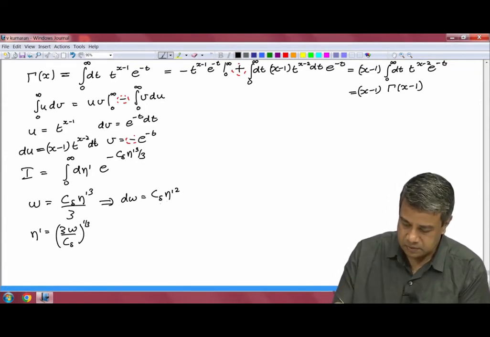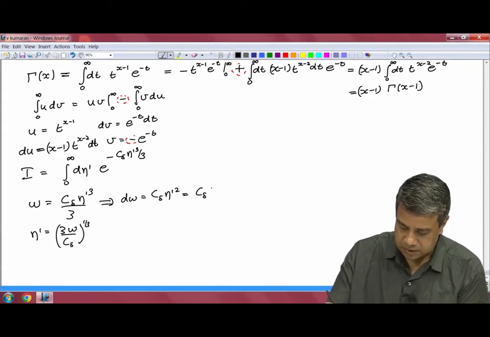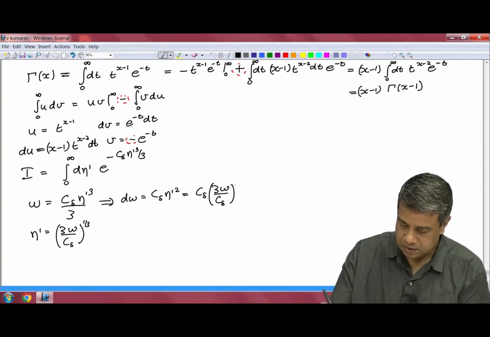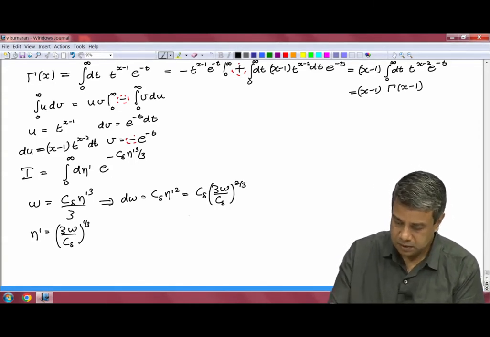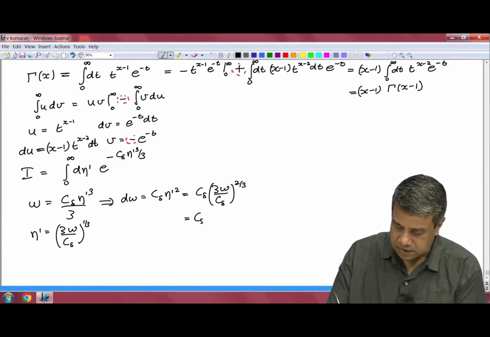So, c delta eta prime square will be equal to c delta into 3w by c delta whole power 2 by 3, which is equal to c delta power 1/3 into 3w power 2 by 3.